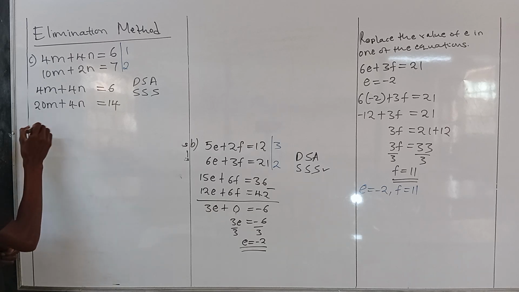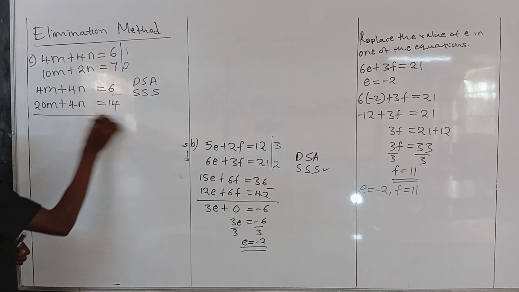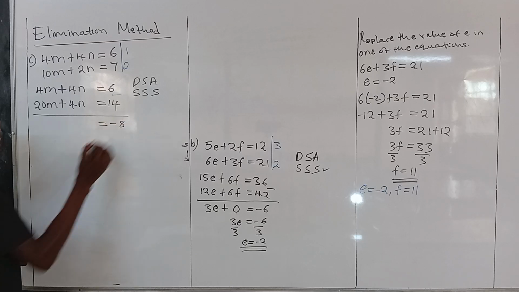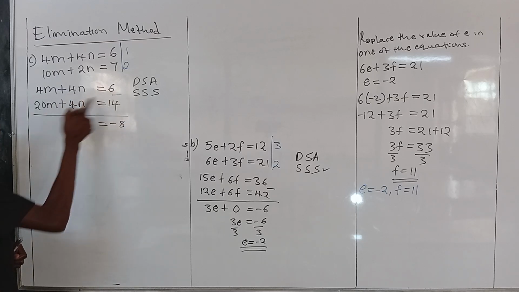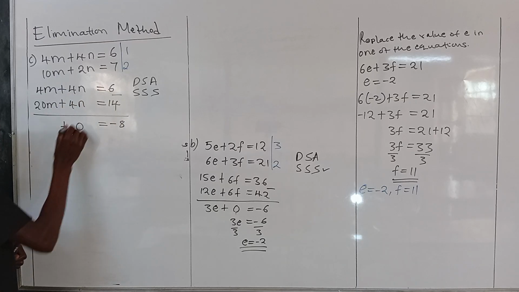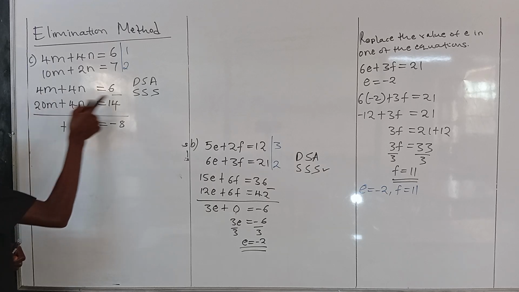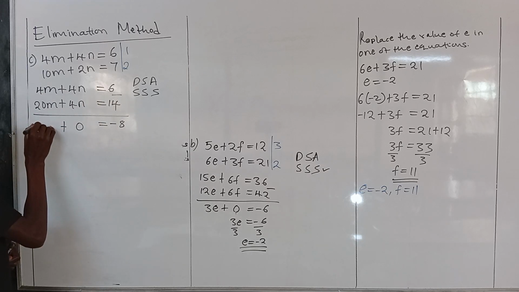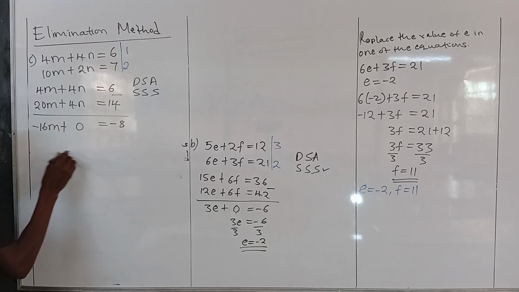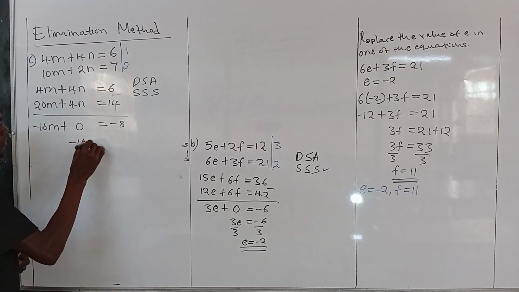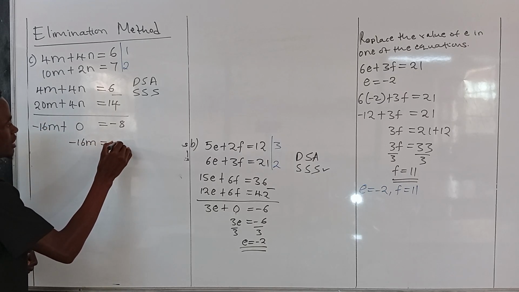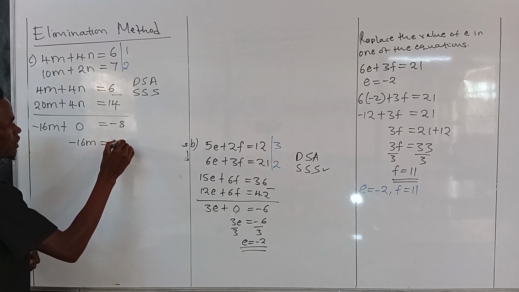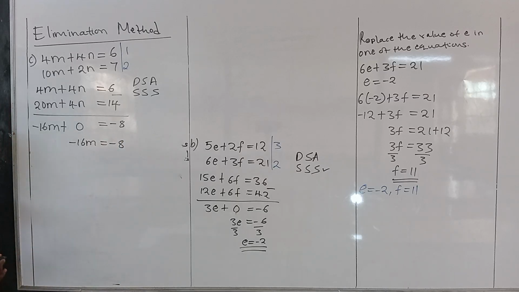So we are going to have minus there, and then we have 6 minus 14 is going to give you -8, and then 4n minus 4n is going to give you 0, and then 4m minus 20m is going to give you -16m.